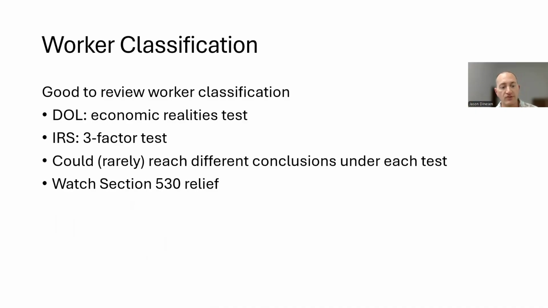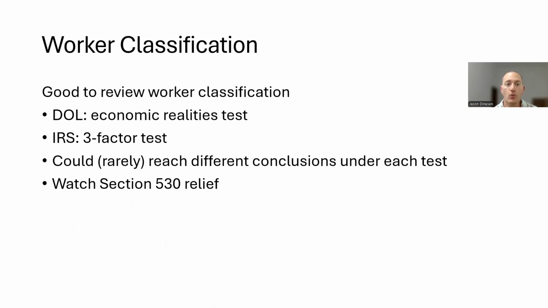So you could have somebody who is an employee in the eyes of the DOL, but a contractor in the eyes of the IRS. And that is when you would have the situation of needing to pay overtime to them under the Fair Labor Standards Act because they're an employee in the eyes of the DOL, but you would be reporting it on a 1099.